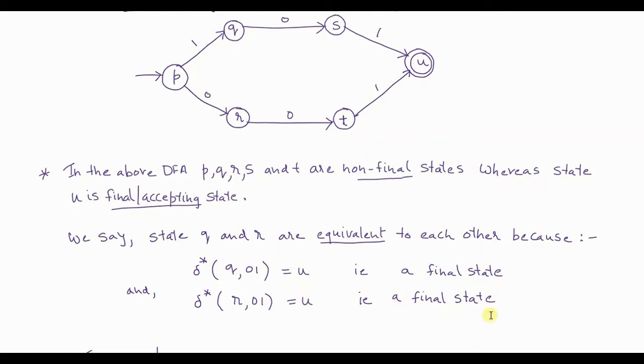So according to the definition, I can say now that state Q and state R are equivalent because on reading a particular string, say 0, 1, they reach states such that either both of them are final states or both of them are non-final states. In my example here, both of them are final states.